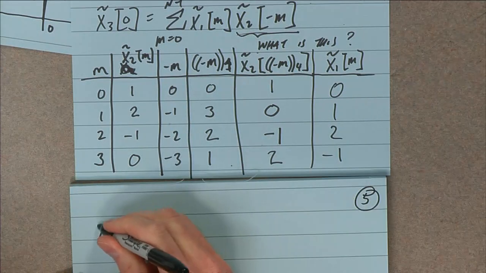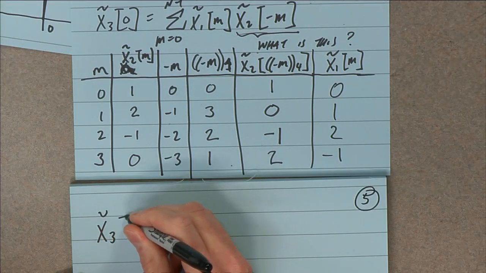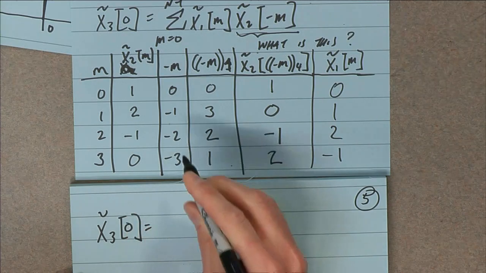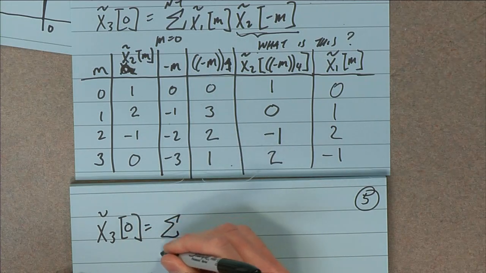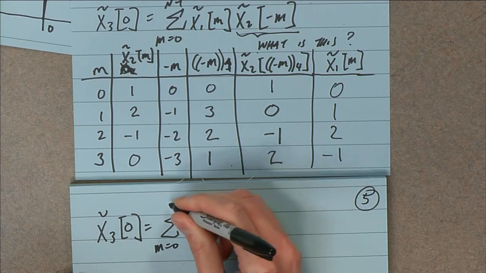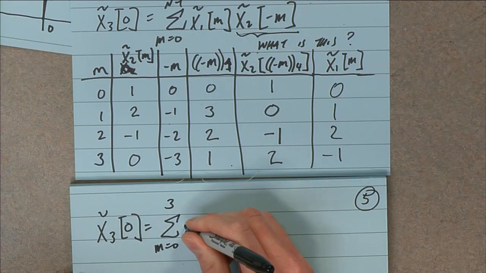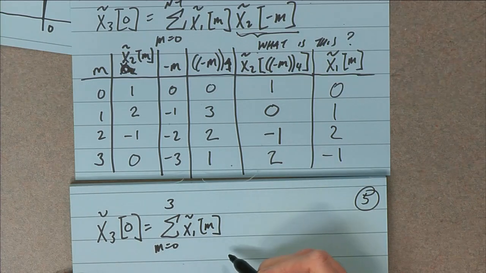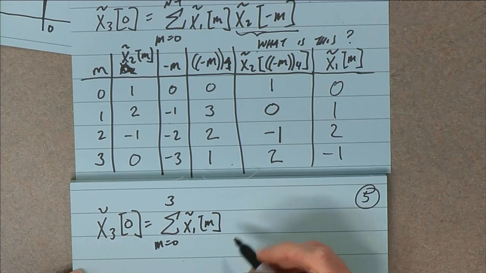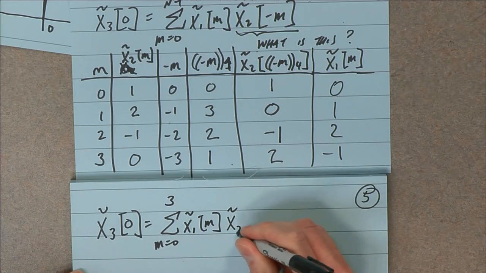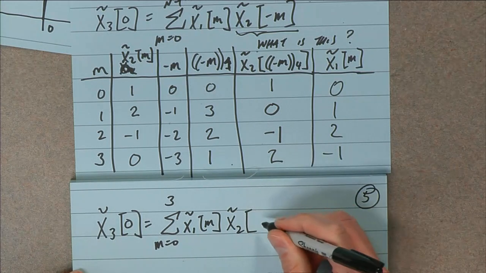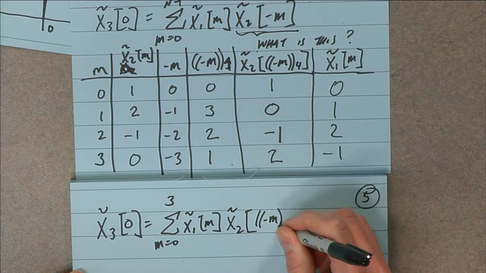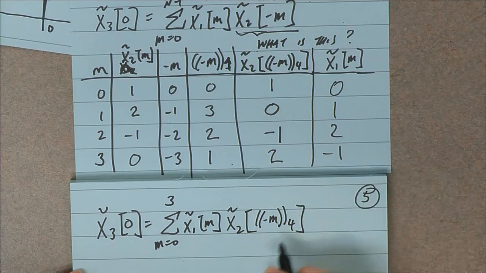I can say this x3 tilde of 0 was the sum, m equals 0 to n minus 1, which is 3, of x1 tilde of m, which is readily understandable, times x2 tilde of minus m, but we know minus m is really this modulo 4 thing.